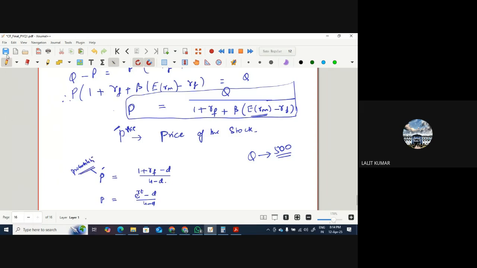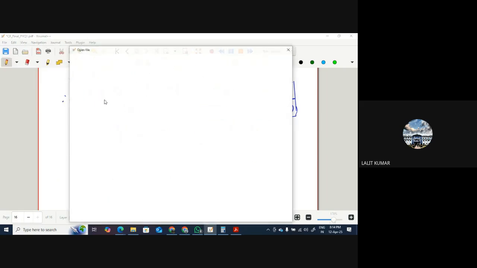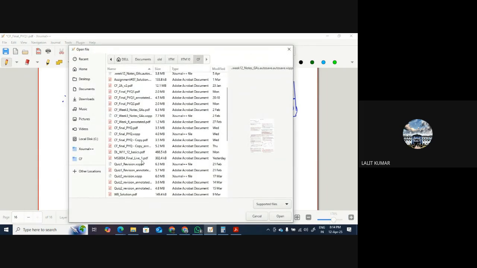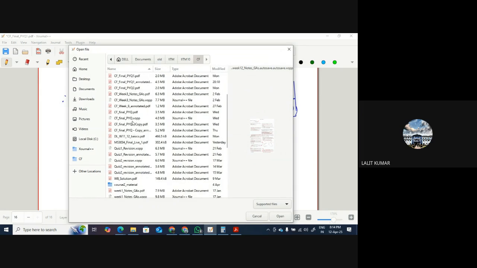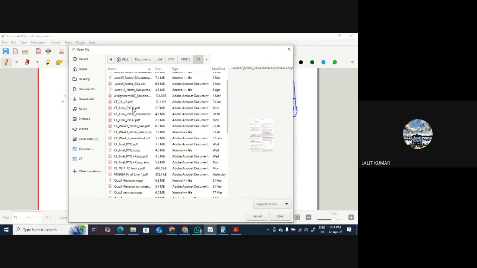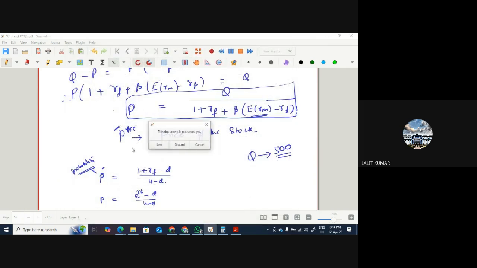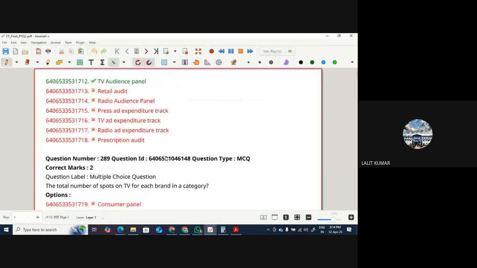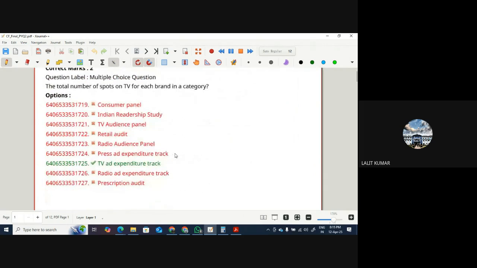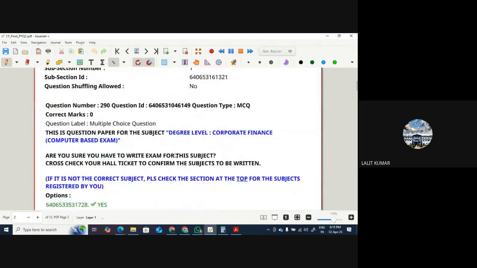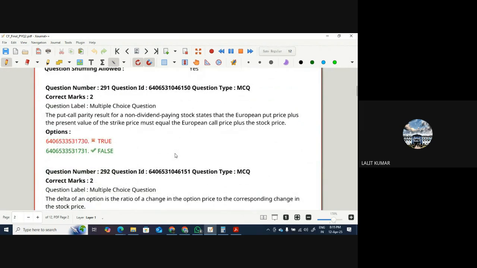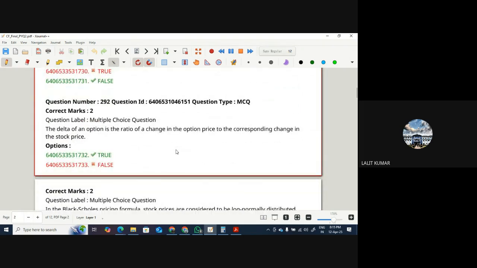Okay. Now with this, shall we open another one? The second one is the probability. So this is the second one. There you see the questions. There was a different question. Okay, it is the same question. This is also the same question.